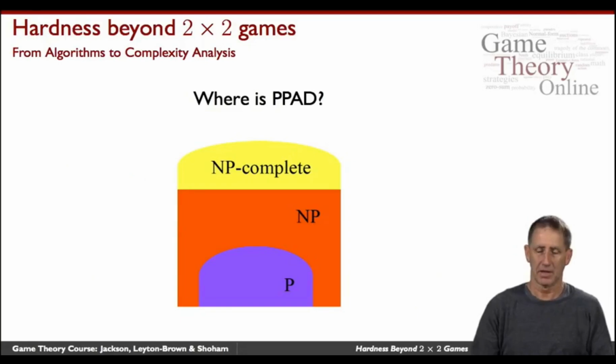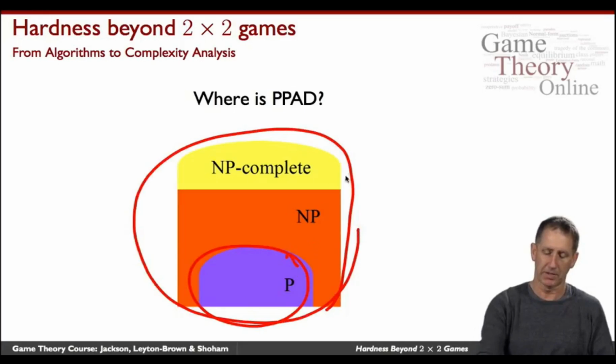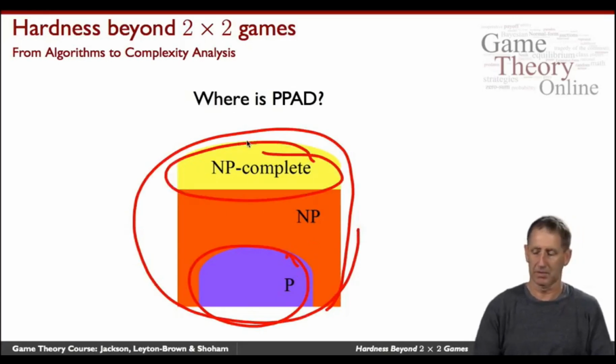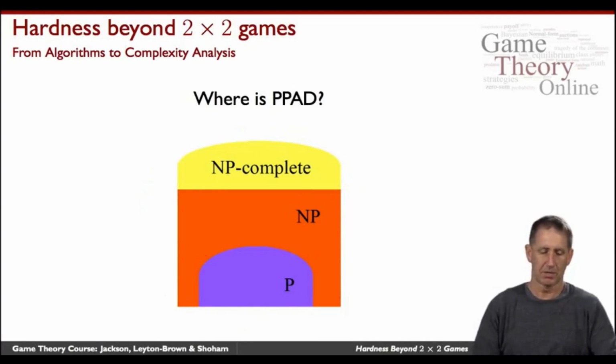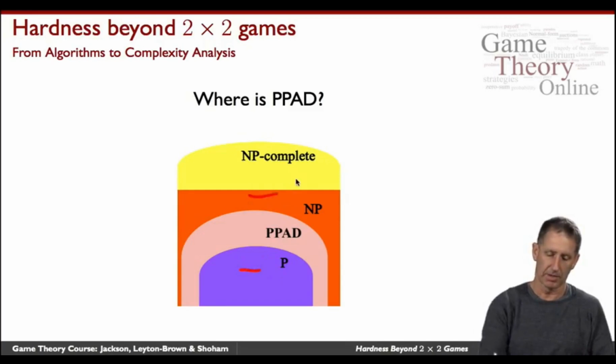And again, we have the class of polynomial time problems, and problems that can be verified in polynomial time, with these being the hardest among them. And given that, PPAD turns out to reside somewhere within this class. Now again, we don't know whether this entire class does not collapse and all become one and the same. It's widely believed that it does not, but proof doesn't exist. However, we do know that PPAD lies someplace in between P and NP.